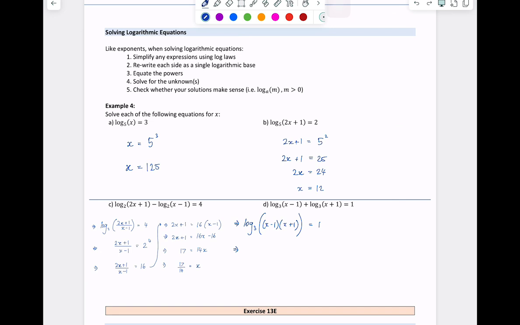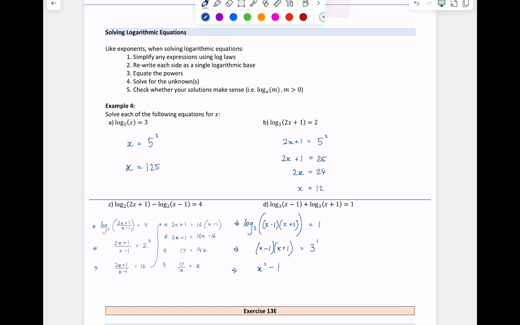Since we've consolidated everything to one side, I won't hit two birds with one stone here, but I do notice that this is a difference of perfect squares, and we're going to go 3 to the power of 1. Okay, so taking the log from the left hand side to the right hand side, it becomes an exponential.